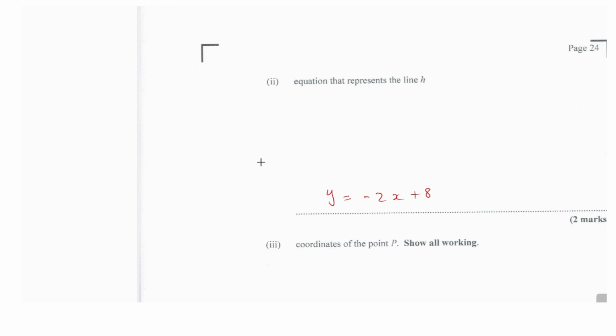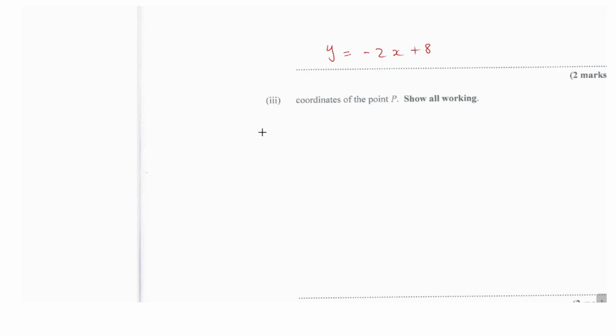Therefore, we have a half x plus 3 is equal to minus 2x plus 8. Okay, so we can add 2x both sides.